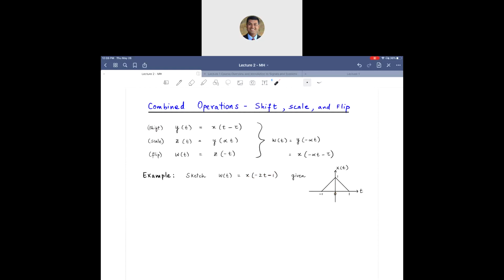X of t is given to us over here. It's the same ramp functions example that we did earlier. So what do I do first? I need to first do a delay. Why do I do a delay? Because it is minus 1. So delay by 1 time unit.